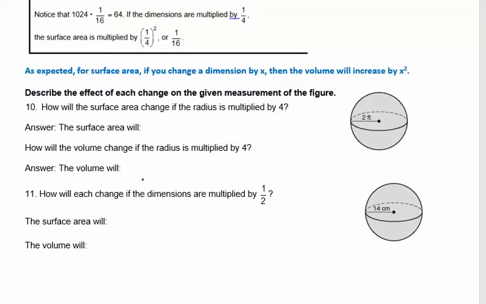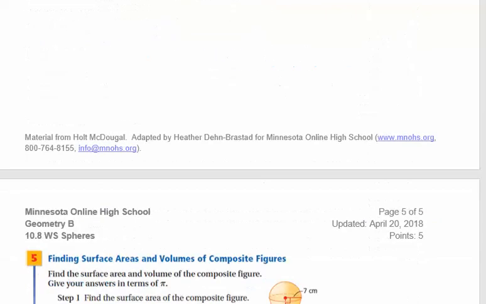So you have two problems to do with both surface area and volume. If you want, you could go ahead and find the volume and surface area of the original and then change the dimensions the way they tell you and then compare them by dividing the new by the old and see what you get. Or you can use the rule and say how the surface area will change and how the volume will change for each.